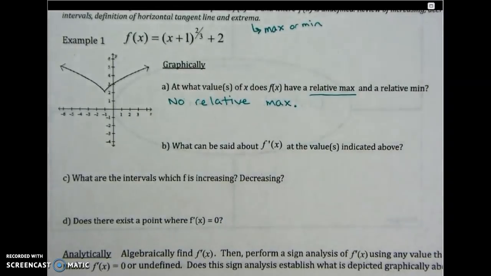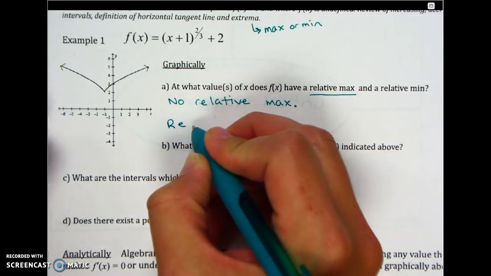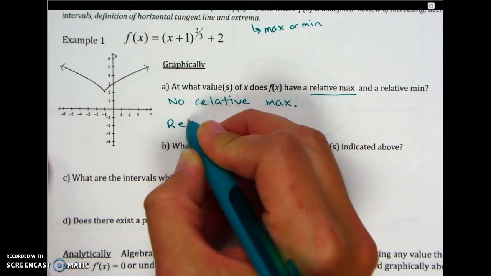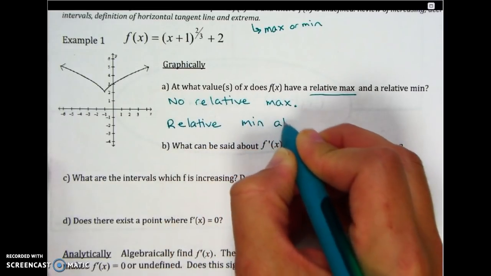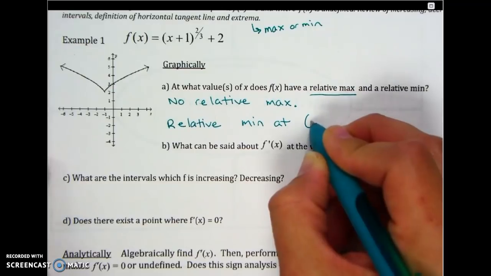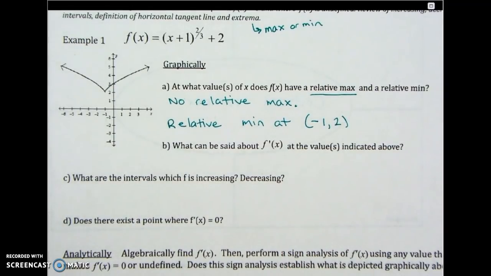Yeah, there is a minimum, because a relative minimum is when something changes from decreasing to increasing. So there is a relative min at, and what's the coordinate point? Yeah, x equals -1 is good, but since we know the y value, we'll write it.